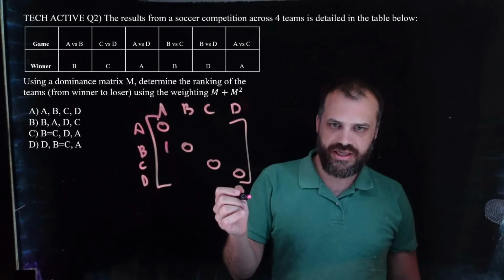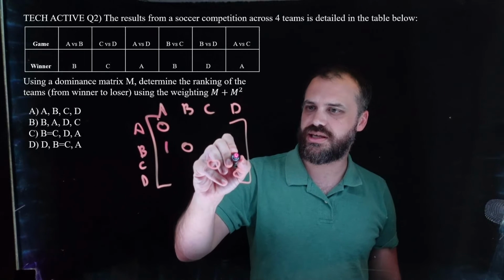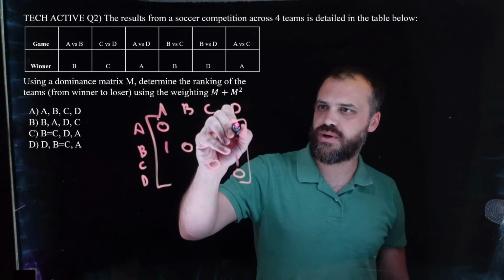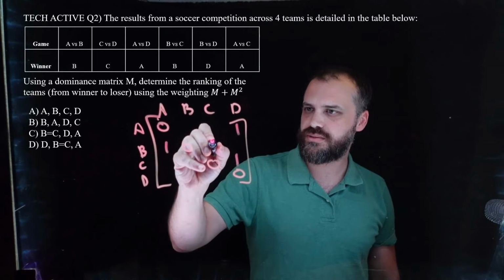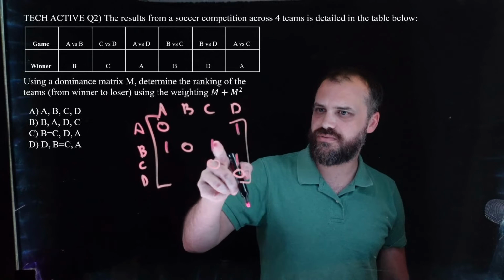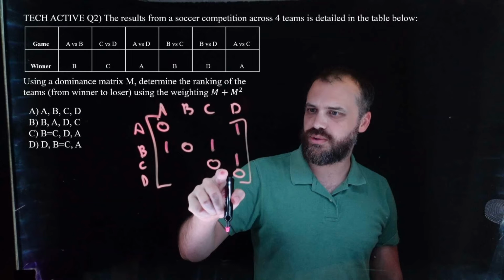Alright, C versus D, C won. A versus D, A won. B versus C, B won. B versus D, D won.